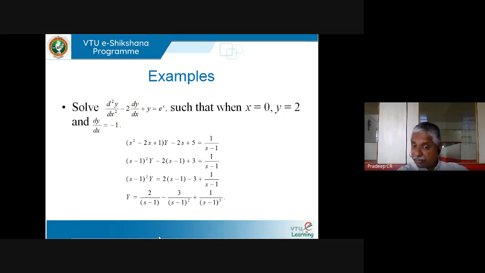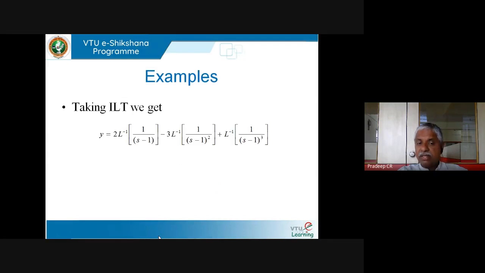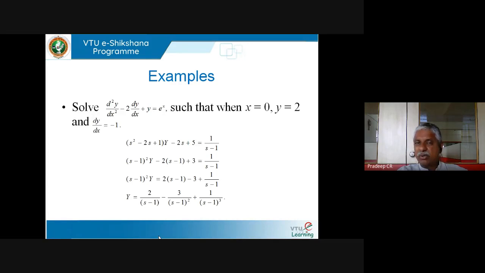So everywhere if s minus 1 is there, it's very easy. So capital Y is twice... I'm using linearity of inverse Laplace. I'm going a bit fast here. You take inverse Laplace of what you see in the last line. So small y is equal to L inverse of capital Y, equal to L inverse of this whole thing.